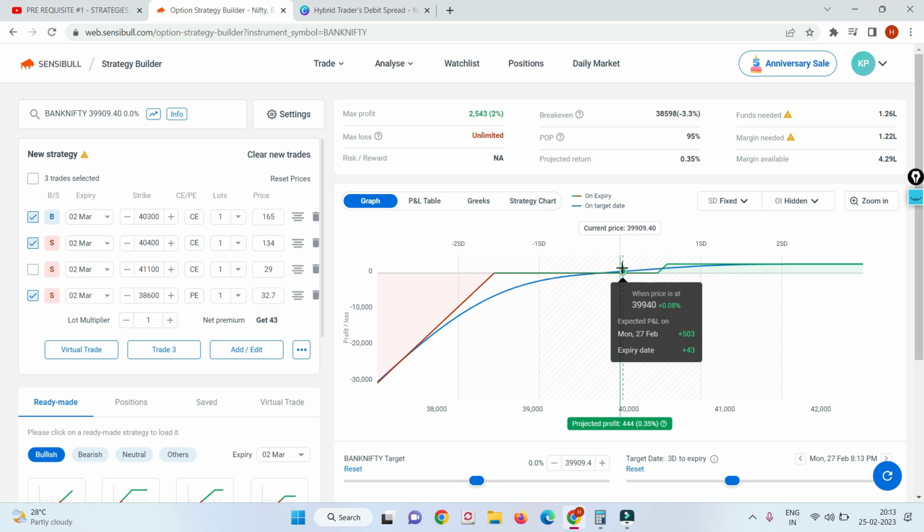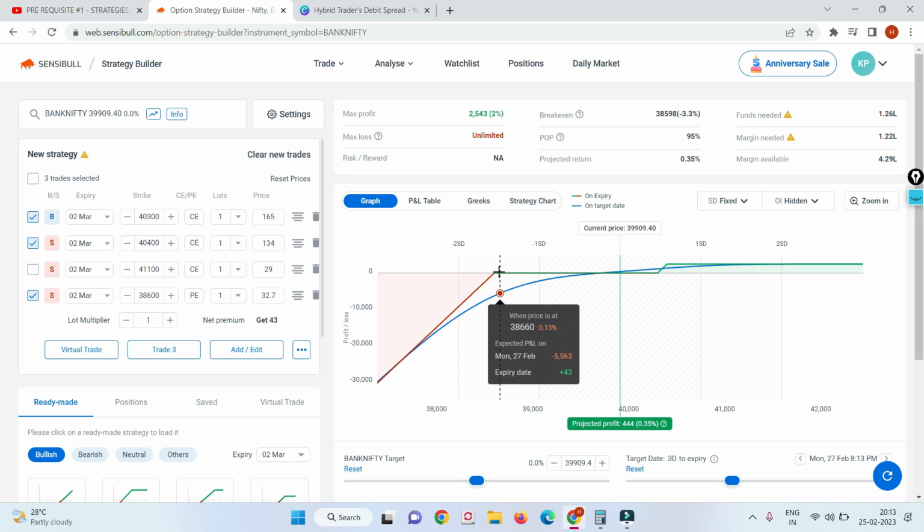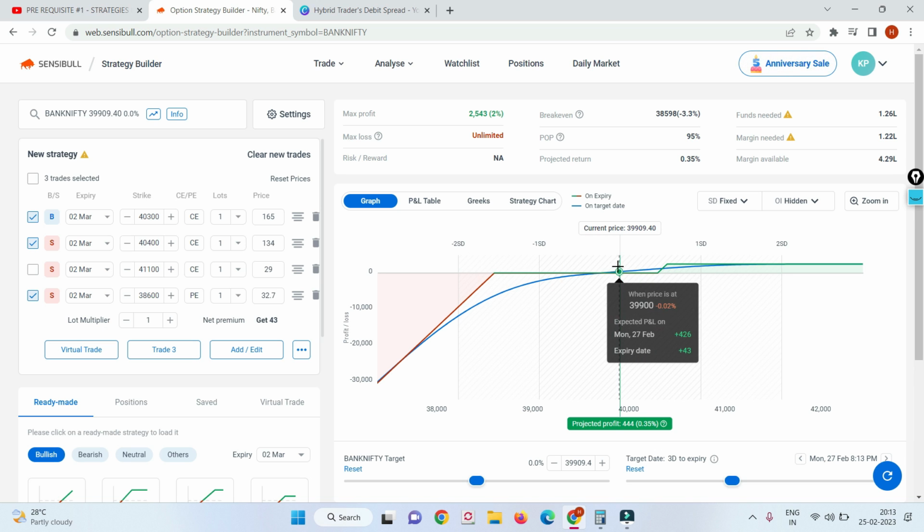If your view is that the market can take a U-turn, then you go for selling the put, and you have a cushion of almost another 3.3%. Your loss will start when Bank Nifty goes down by 3.28%. But when your price action says it might take a U-turn, this is one adjustment you can do.